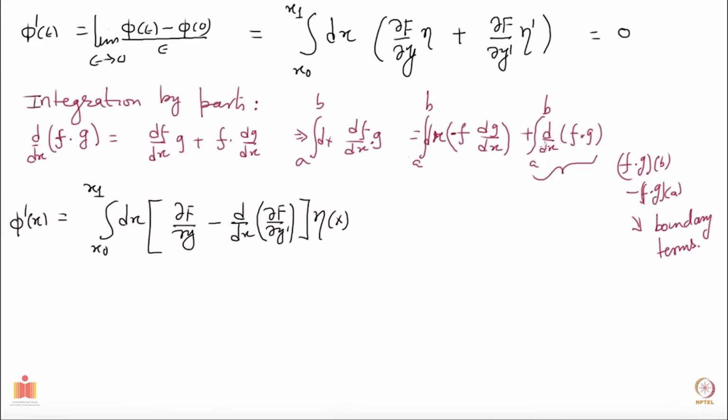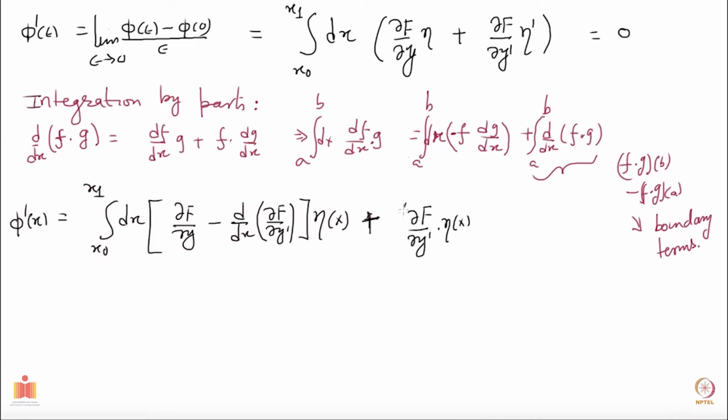And then this will generate a term of this kind, right? d over dx acting on del f over del y prime and eta. Okay, so you'll get, let me write down, plus, so this d over dx will, when you are integrating, go away and it will lead you to this. So it is del f over del y prime times eta of x.